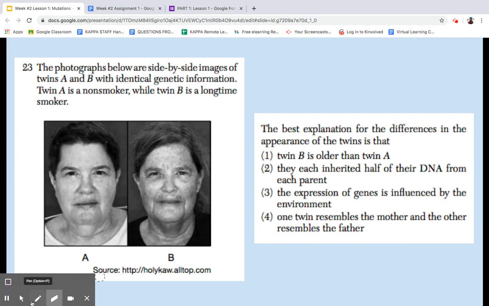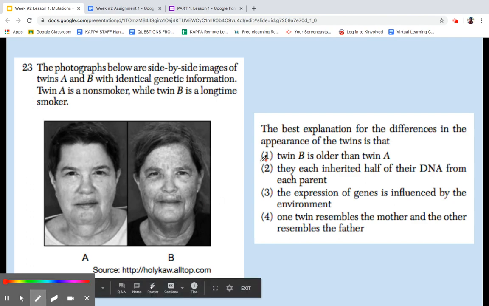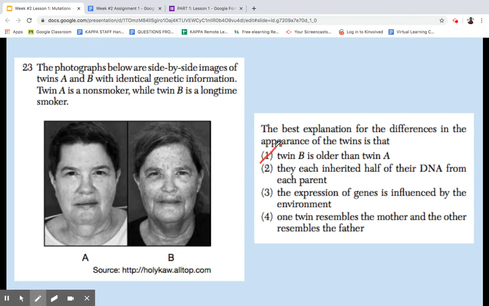So which of these do we know is definitely not true? Well, 1 can't be true because they're twins, so that makes no sense. 4 doesn't make sense either because they're identical twins, so they must look the same. So we're left between 2 and 3.